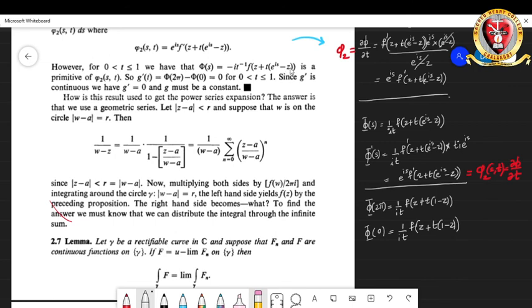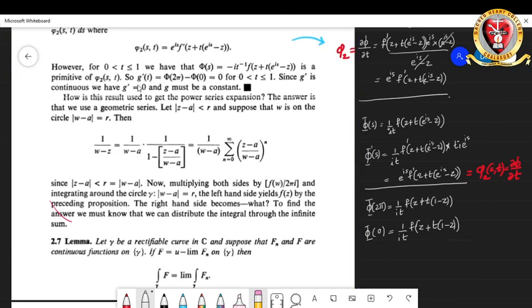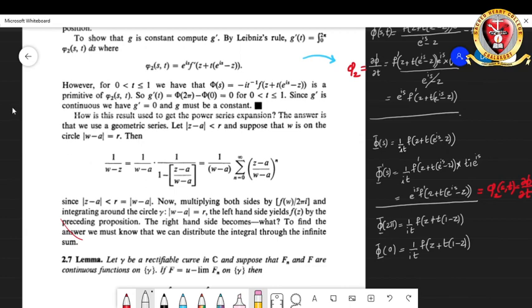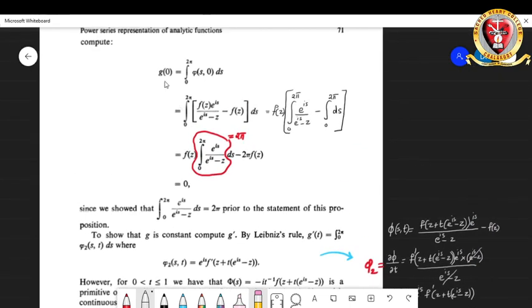That means g dash of t is equal to 0 for every t inside 0 and 1. Since this g dash is continuous, as we said earlier from the Leibniz rule from advanced calculus, you get that this g is a constant. We had obtained that g of 0 is equal to 0.